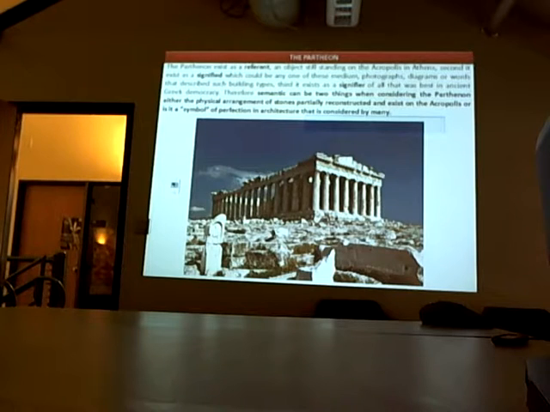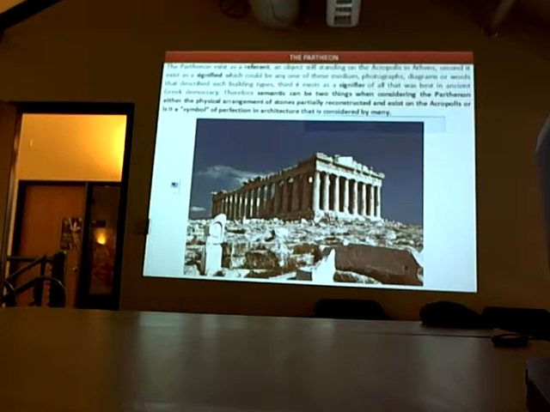So for one of my case studies, I looked at the Parthenon building, and it relates to the semantic part of it. It spoke about the building itself as an object that persons can physically see.